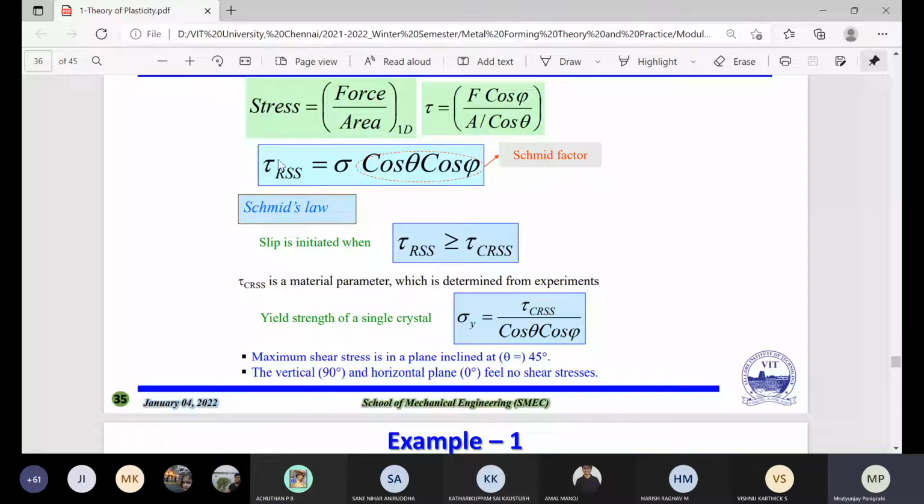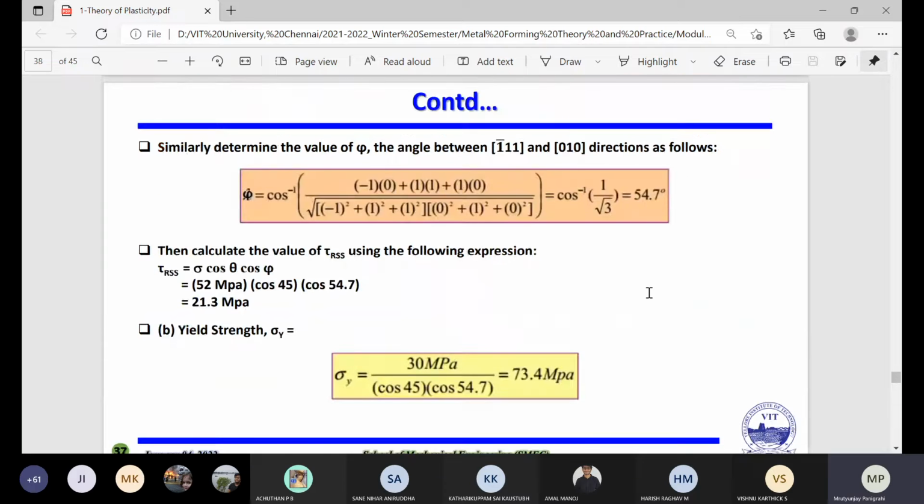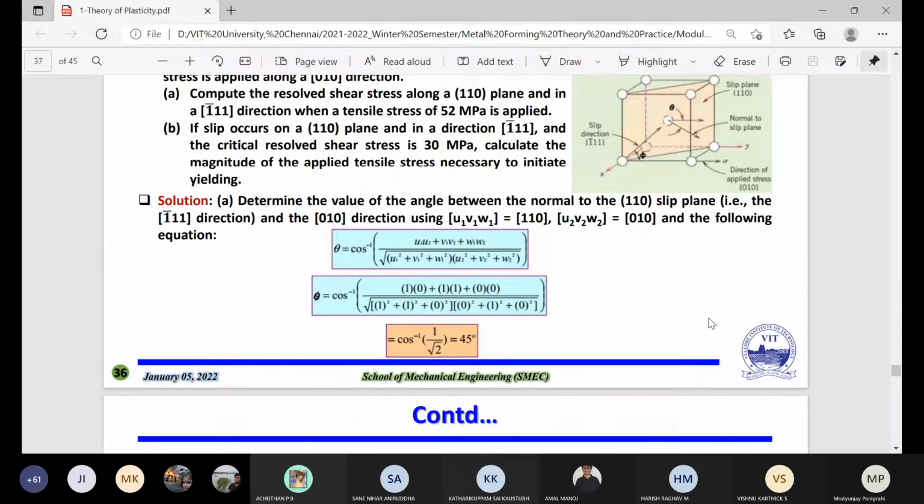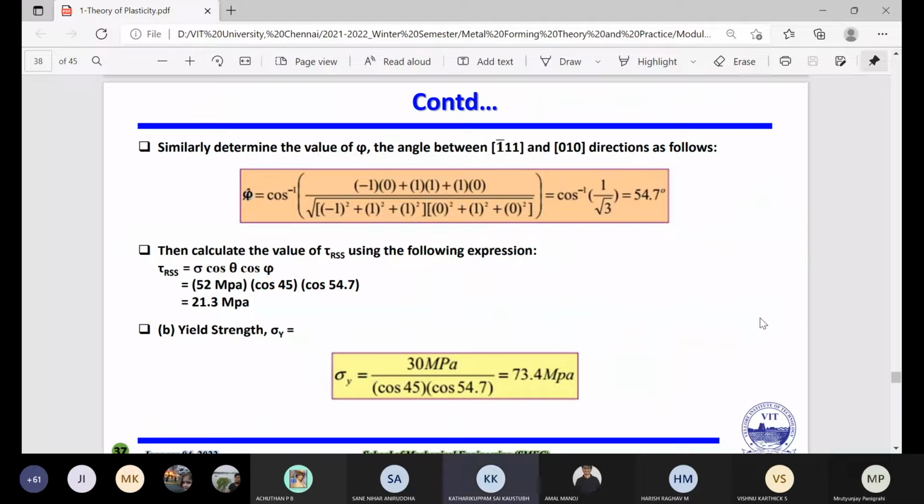Tau CRSS is given, this is 30 megapascal. So 30 megapascal divided by cos theta cos phi. So 73.4 megapascal.